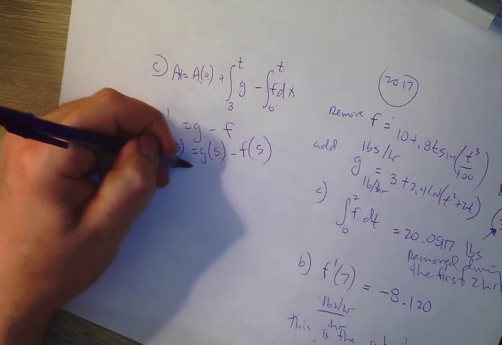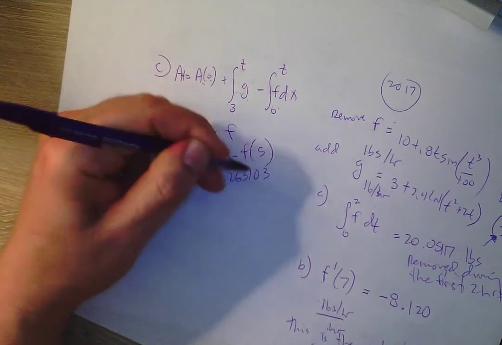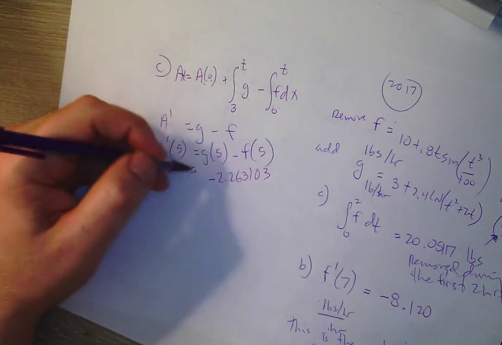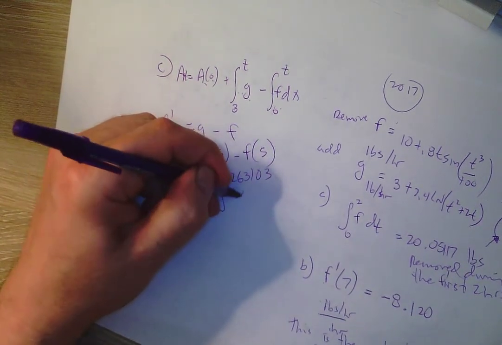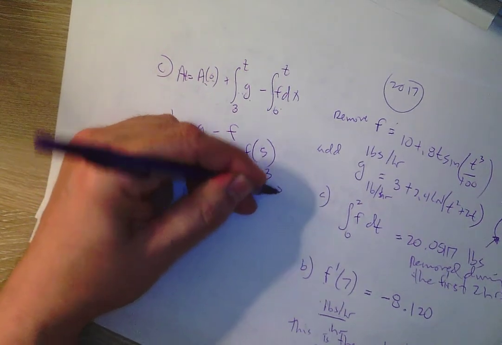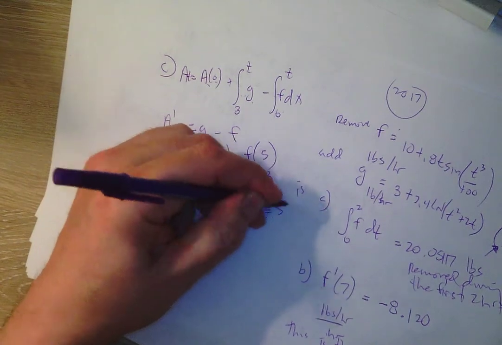When I did this, I got negative 2.263103, and so that meant the amount of bananas is decreasing at t equal to 5.